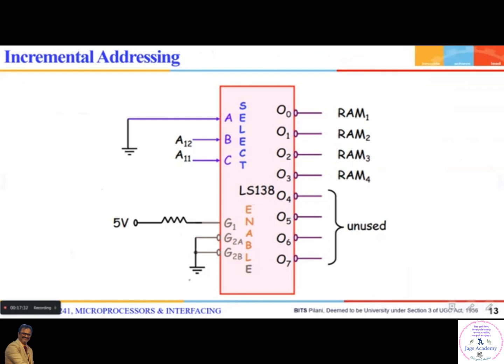So the difference between absolute addressing and incremental addressing is, in absolute addressing, we make use of the entire address directly from the microprocessor as an input to the decoder logic, which we did earlier. Now, in incremental addressing, since all the addresses are zero for the entire address range, there's no change happening. And you know that A13, which you have given as input A, is permanently zero for the entire range.